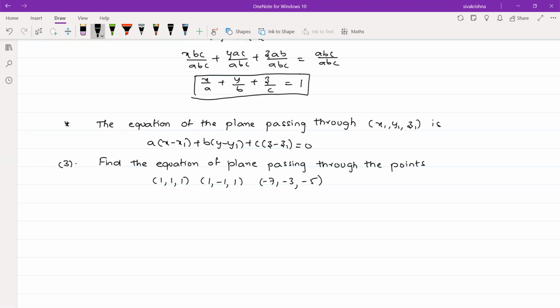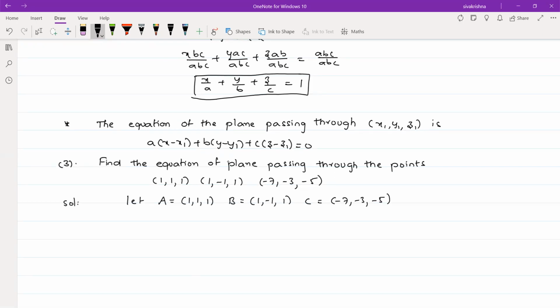Let us choose any of the given 3 points as x1, y1, z1. I am choosing the first point as x1, y1, z1. So, coming to the solution, let the given points be named as A equal to 1 comma 1 comma 1, B equal to 1 comma minus 1 comma 1, and C equal to minus 7 comma minus 3 comma minus 5.